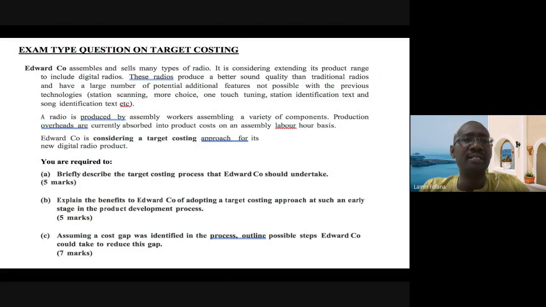Production overheads are currently absorbed into product costs on an assembly labor hour basis. Edward Company is considering a target costing approach for its new digital radio product.